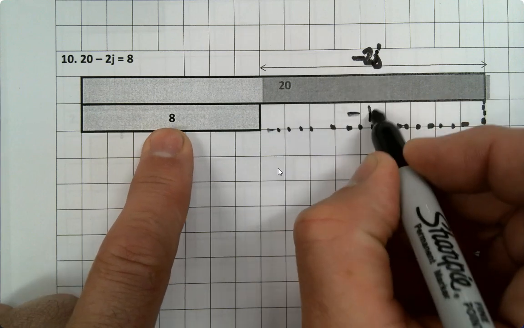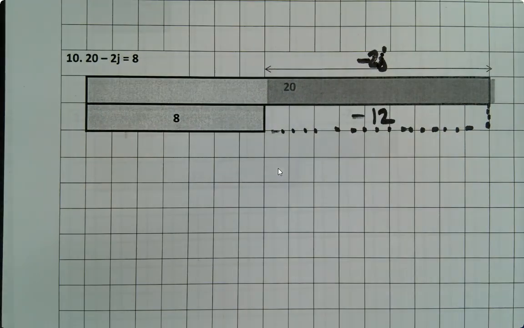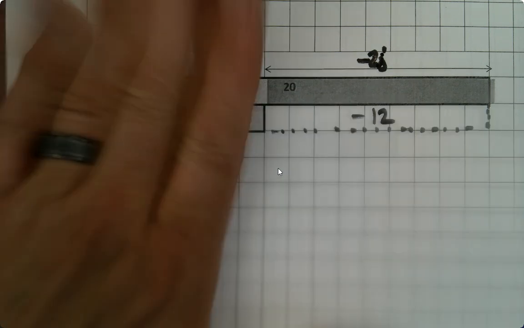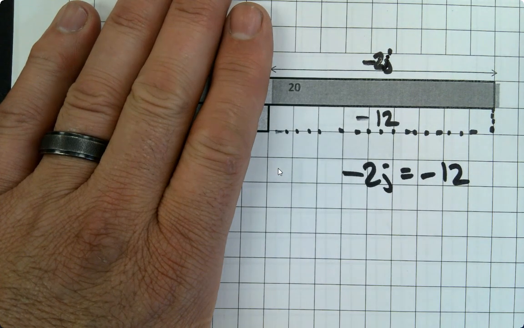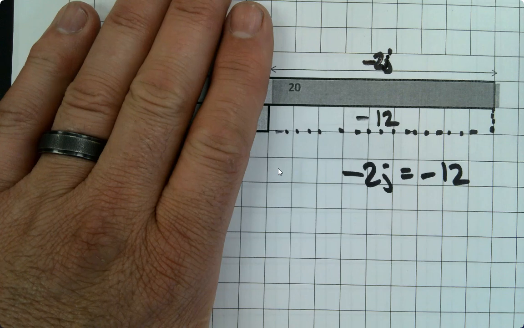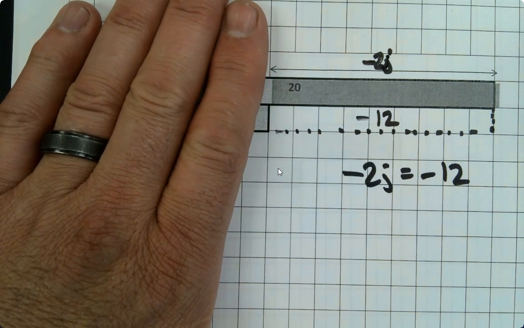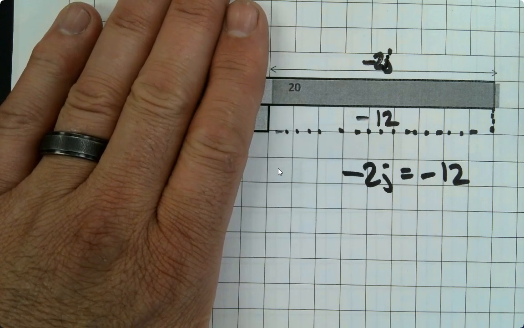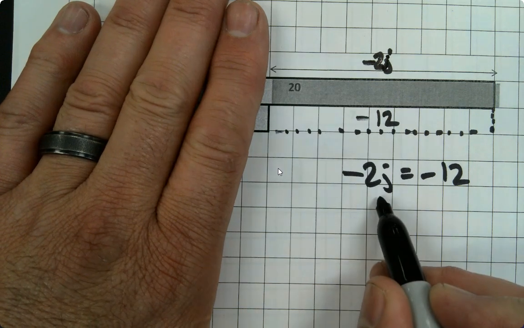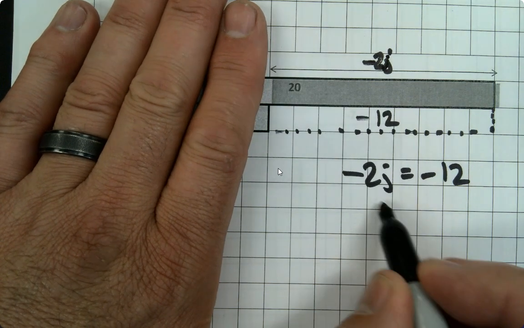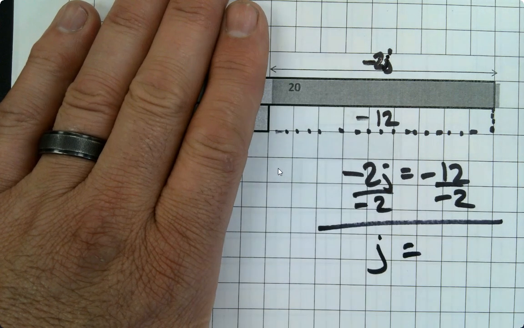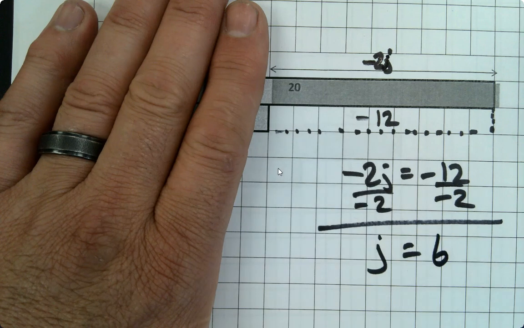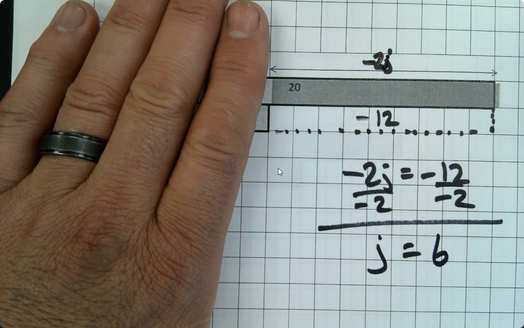We know that this has to be a negative 12 as well. So over here we have negative 2J is equal to negative 12. How do we solve this now? What would we do, JP? Divide by -2, divide by -2, and we get j equals 6. That's the algebra that you guys have learned how to do.